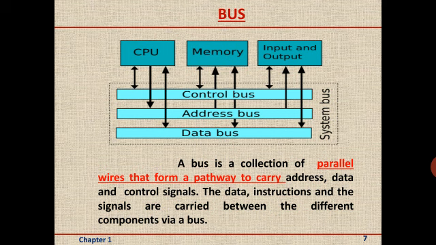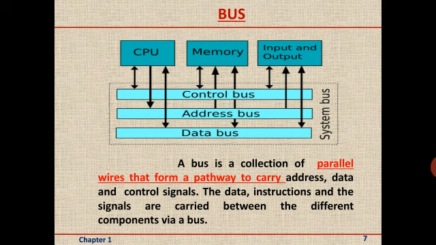After learning I/O ports, the last component on a motherboard is bus. First, let me define what is bus. Bus is a collection of parallel wires that form a pathway to carry address, data, and control signals.